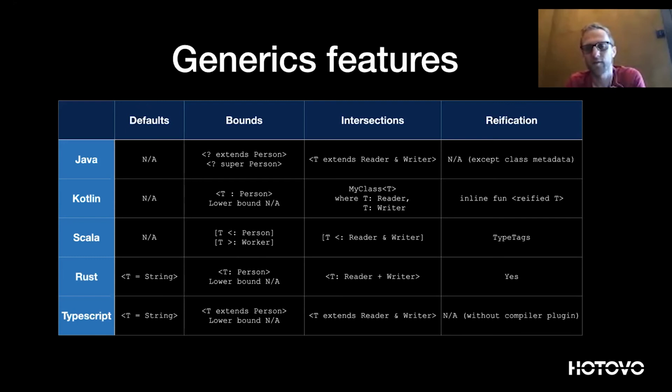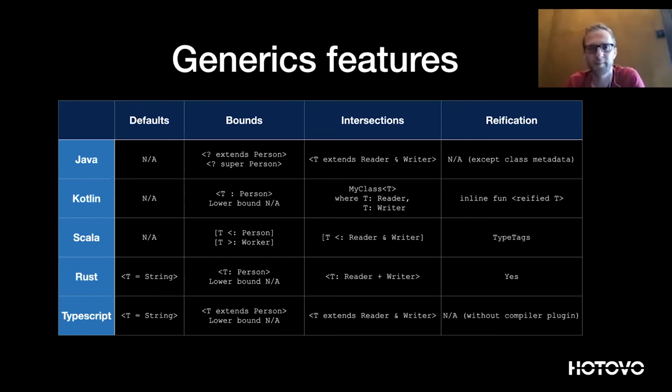Now, intersections are like algebraic data types that are composed of two types. So for generics, we can define a type T, which may be both a Reader and a Writer in this example. So it may extend a Reader and a Writer. Even though intersection types are not available in Java, for generic types, intersections are available.